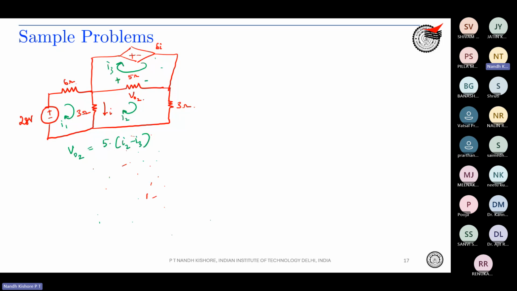So let's write the expressions once again. 28 in mesh A, and the meshes are A, B, C. So 28 is equal to 6I1 plus 3 into I1 minus I2, which is 9I1 minus 3I2.